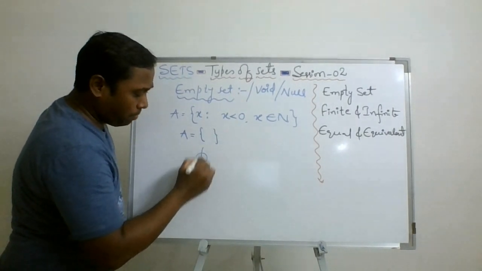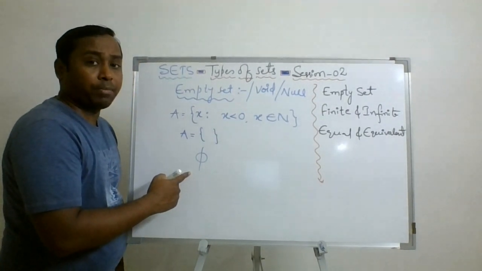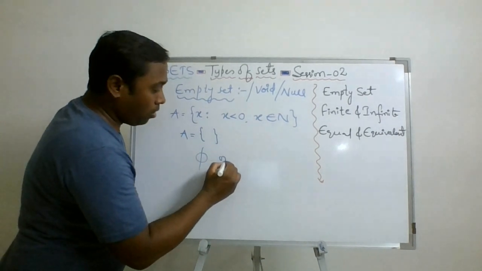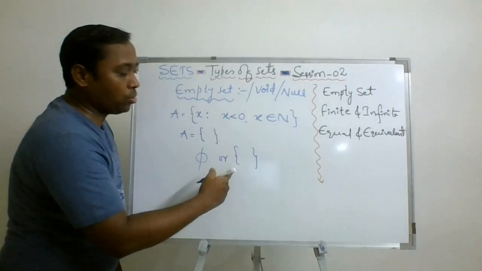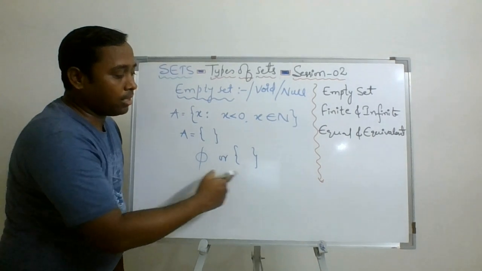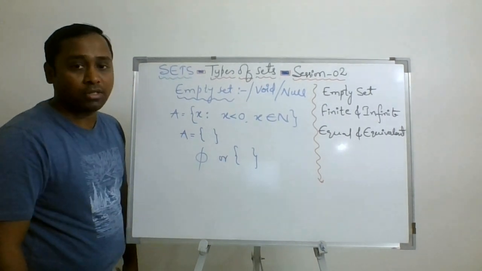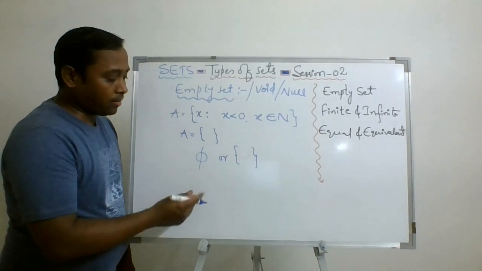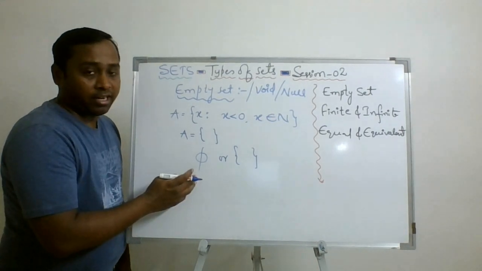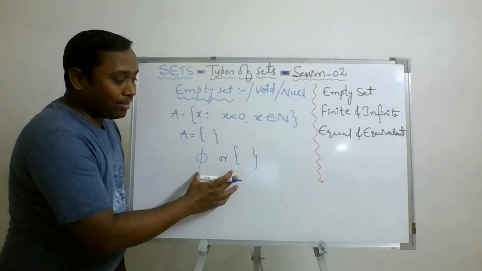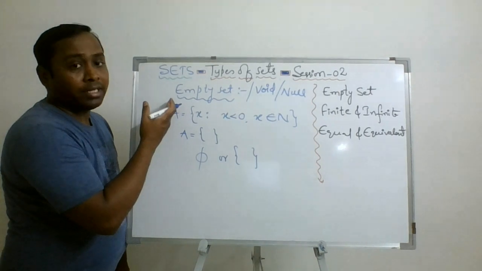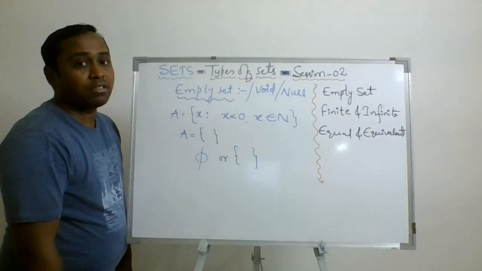One is phi, a symbol used to represent the null set, or else you may also use empty curly brackets to represent the null set. That's it. So there are basically two symbols we use to represent the null set. Empty means there is no element in the given set.